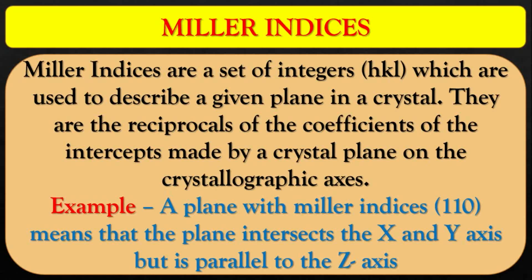Miller indices, as we have seen so far, are the reciprocals of the coefficients of the intercepts made by a crystal plane on the crystallographic axis. So for example, if a plane has Miller indices 1, 1, 0, it means that the plane intersects the x-axis and y-axis, but it is parallel to the z-axis.